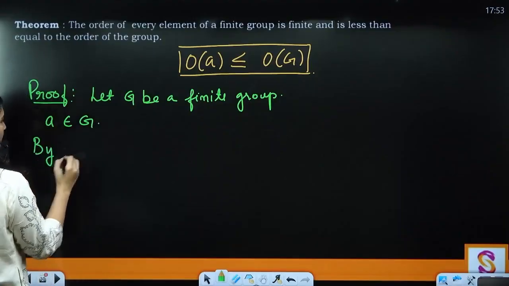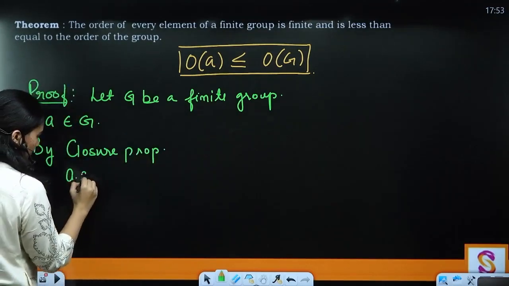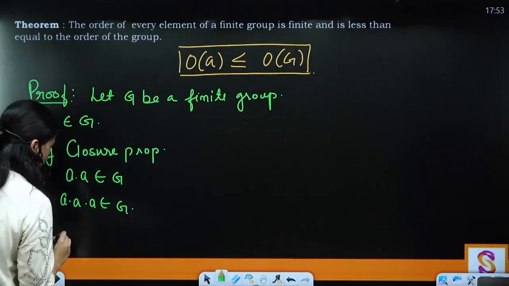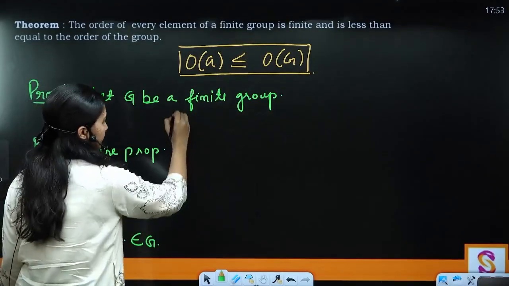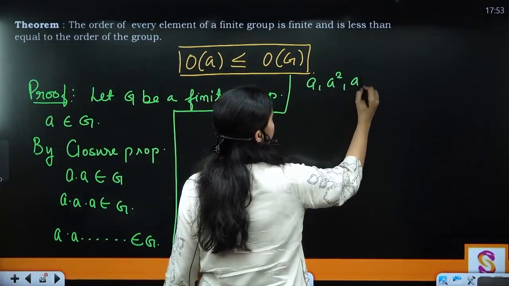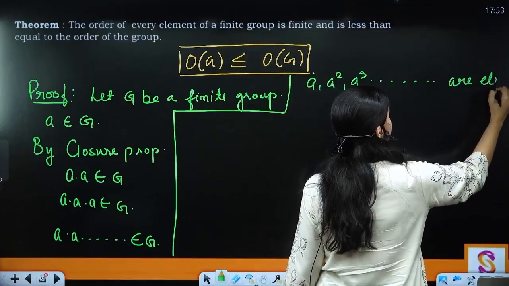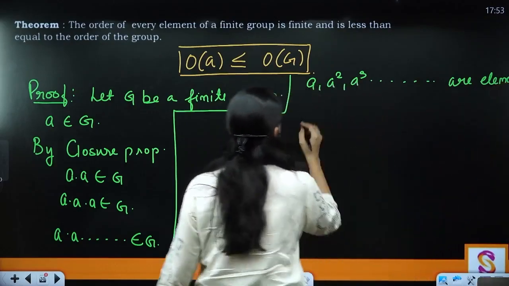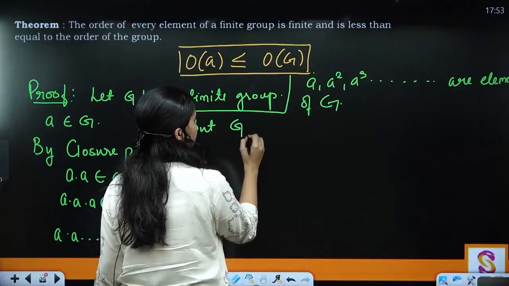Then by closure property, I can say that A dot A will belong to G, A dot A dot A will belong to G, and similarly A dot A dot A dot A is also going to belong to G, right? Now A, A square, A cube, up till all of the elements that we are going to obtain here are elements of G, but G is finite.